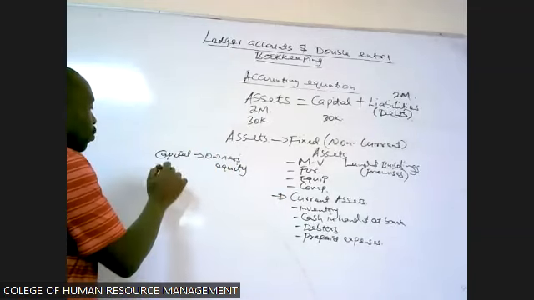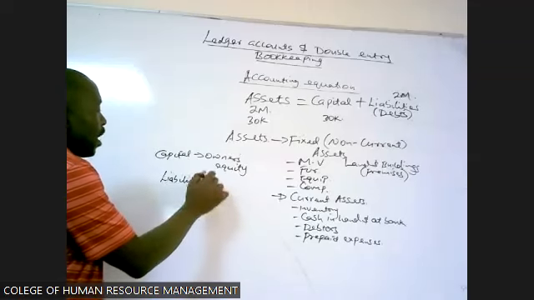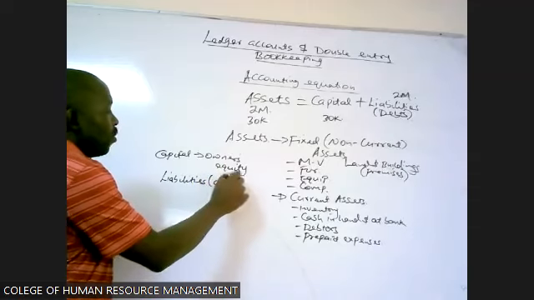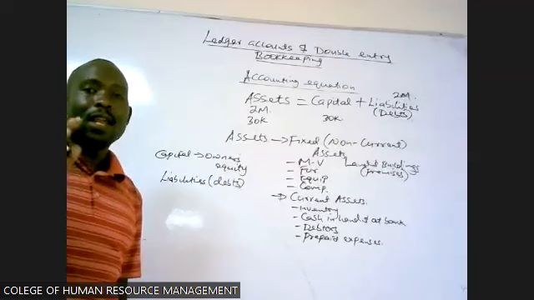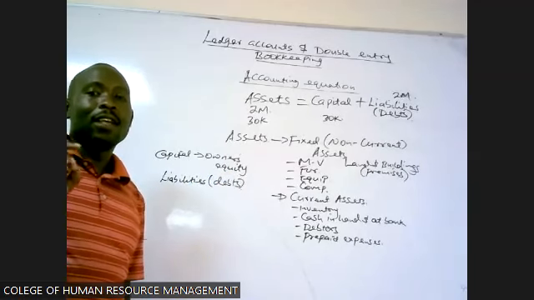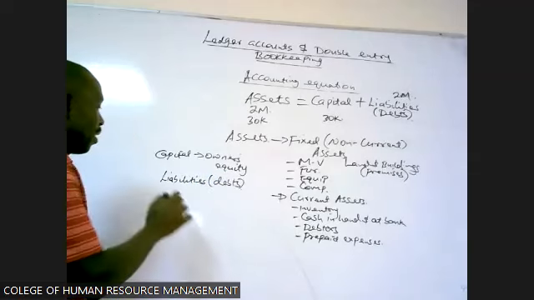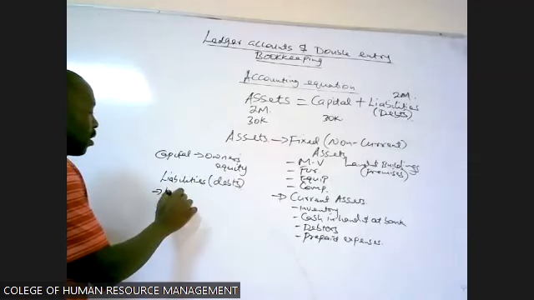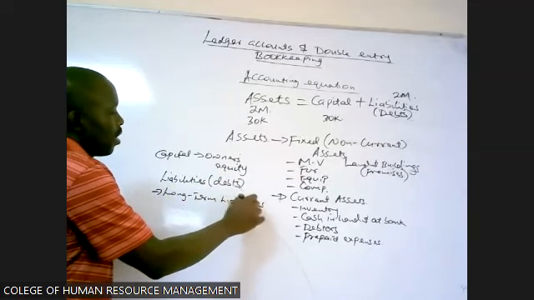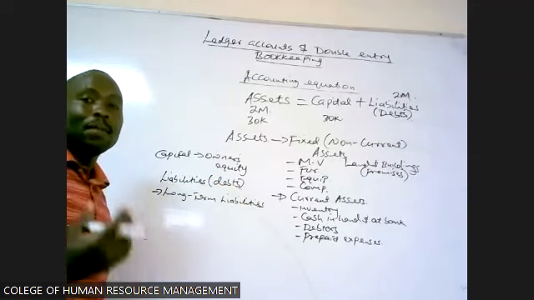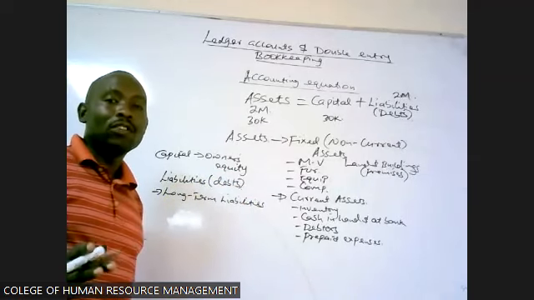Then we have what we call liabilities. Anytime the word liability is mentioned, just know they are business debts. Not personal debts, but business debts. Any borrowing the business has done is considered to be a liability. And these liabilities can either be long-term, a long-term liability being a liability that is payable after a period exceeding one financial year.